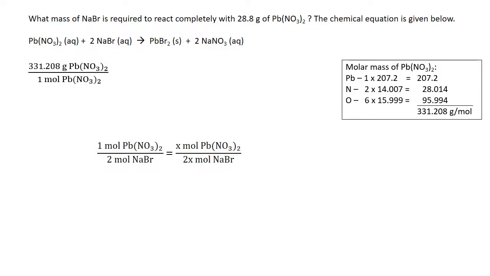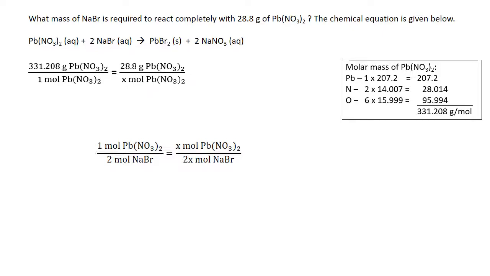Now, we don't have 331.208 grams of lead nitrate. We have 28.8 grams. So we know that that ratio of 331.208 grams to 1 mole must still hold. So we'll assign 28.8 grams of lead nitrate to be proportional to X moles of lead nitrate, and then we'll solve for X. The way we can do that is a simple cross multiplication.